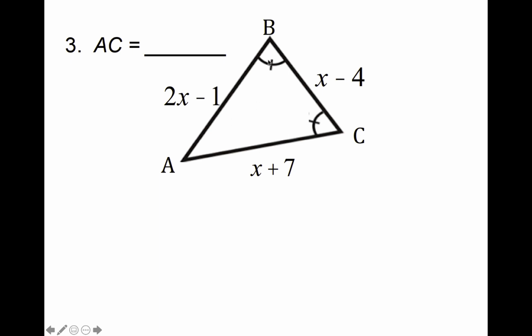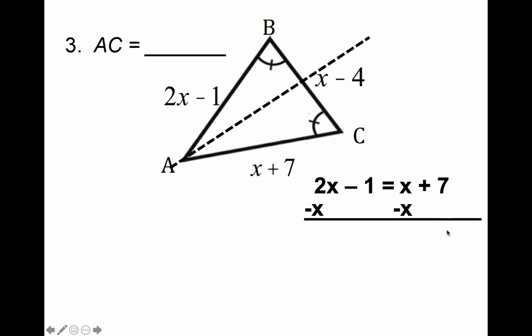For this one, notice these two angles are marked equal. So the symmetry is going to go between those two angles through the vertex point, which is now over here. So this is our line of symmetry. So this side will match with this side. So I can say 2x minus 1 equals x plus 7. To solve for x, we have to get x on the same side, so minus x from both sides.